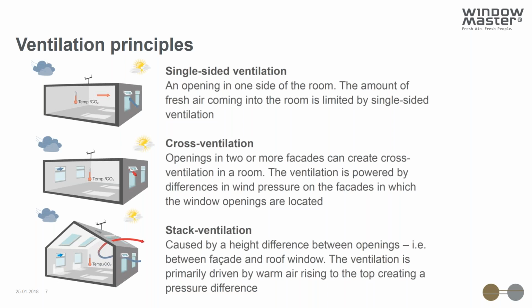For this principle, it's important to consider that the windows will both be inlets and outlets. Then we have cross ventilation, which is when we have windows or openings on two or more facades, and stack ventilation, where we are utilizing the thermal buoyancy with the openings at different levels.